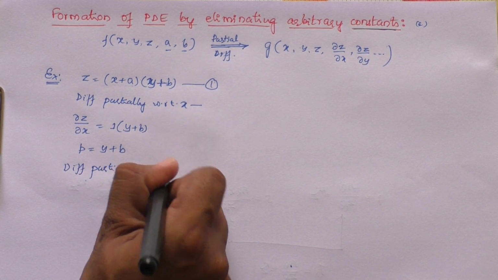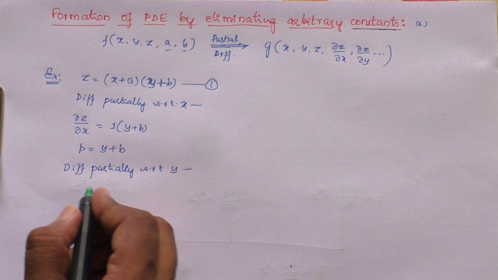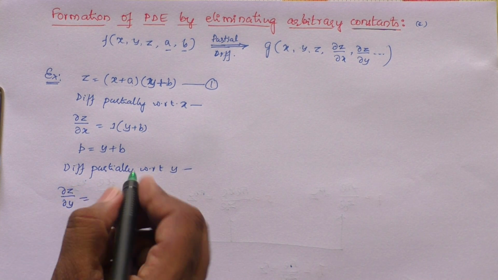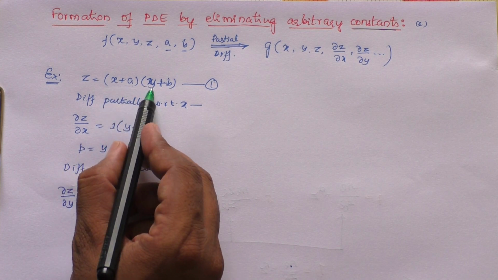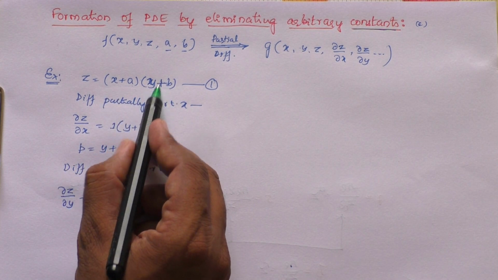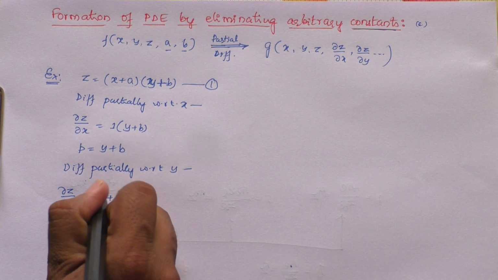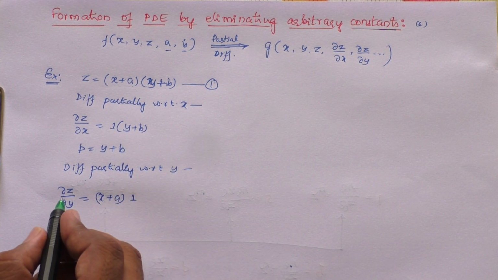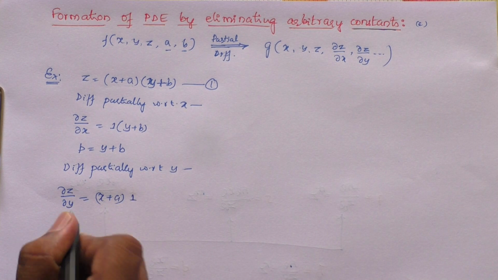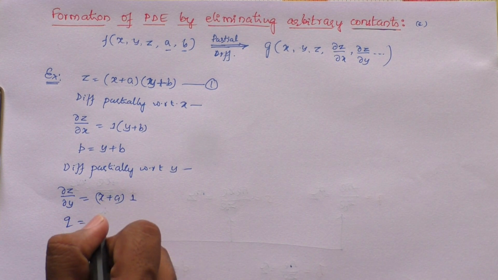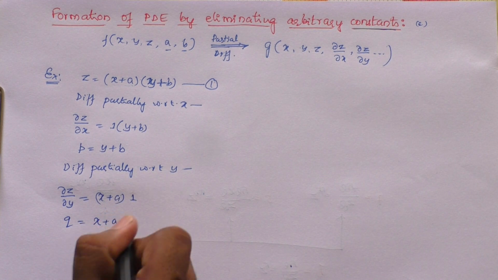If you differentiate with respect to y, you get dou z by dou y. With respect to y, the derivative of y plus b is 1, and we treat x plus a as constant, so x plus a into 1, and dou z by dou y we take as notation q. So x plus a equal to q.